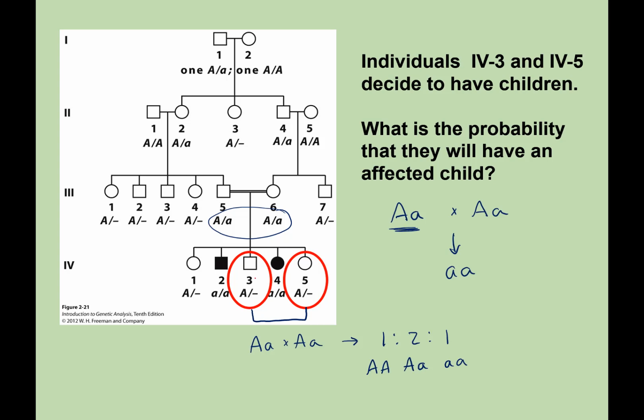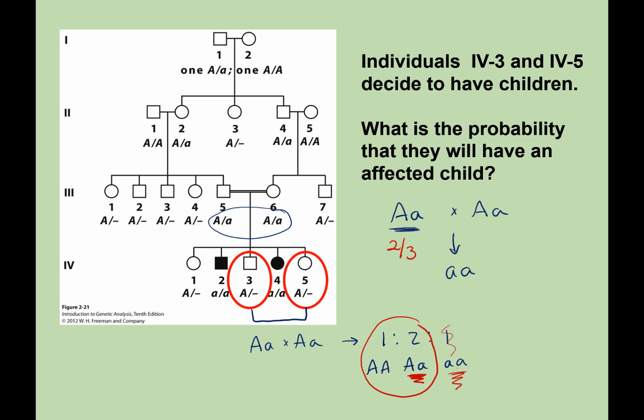Since these people are not affected, the probability that they are heterozygous is 2/3. This is another conditional probability. It's not 1/2 because we know they're not affected.